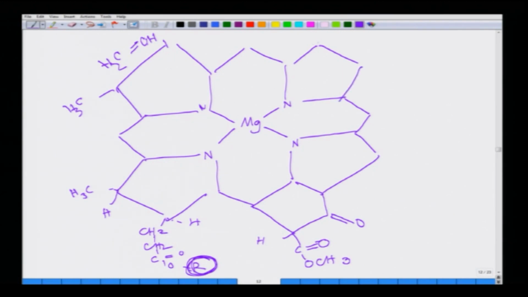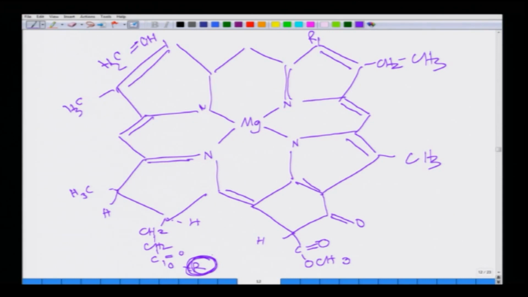You have an R group out here, you have CH2, CH3, and you have another CH3 out here, and it is almost like this. And then the double bond here, double bond here.